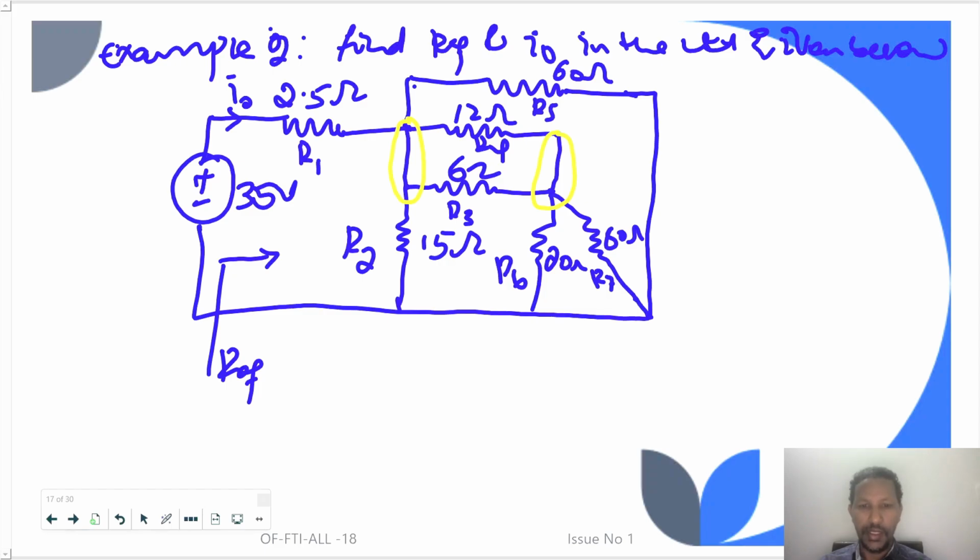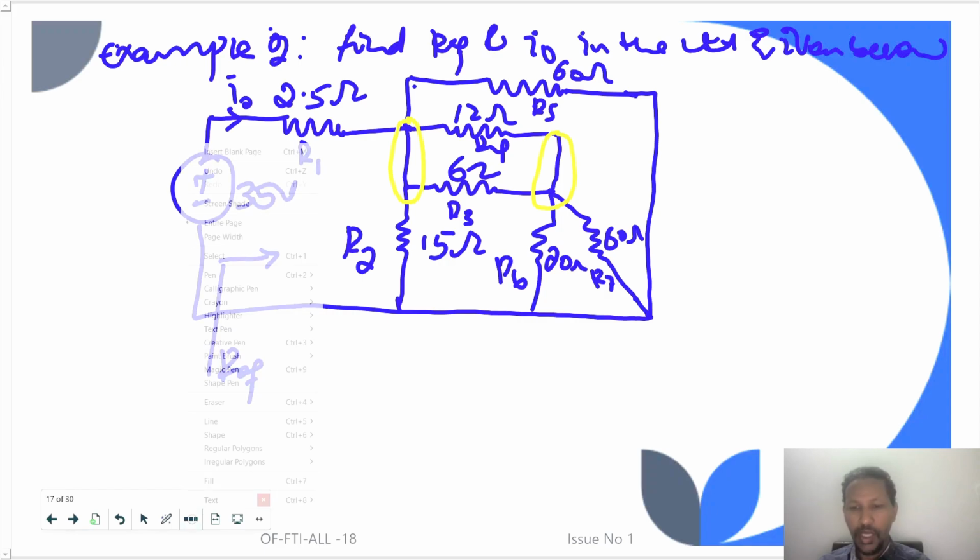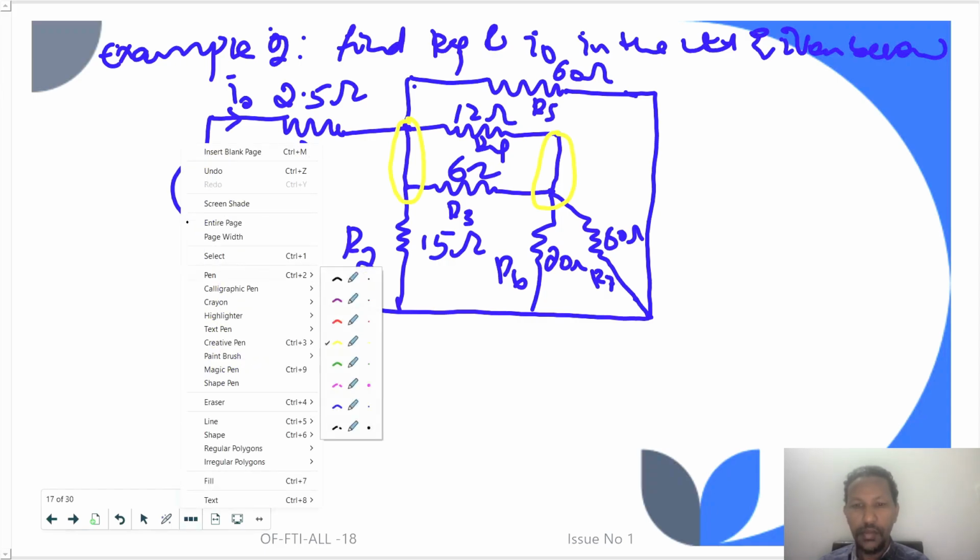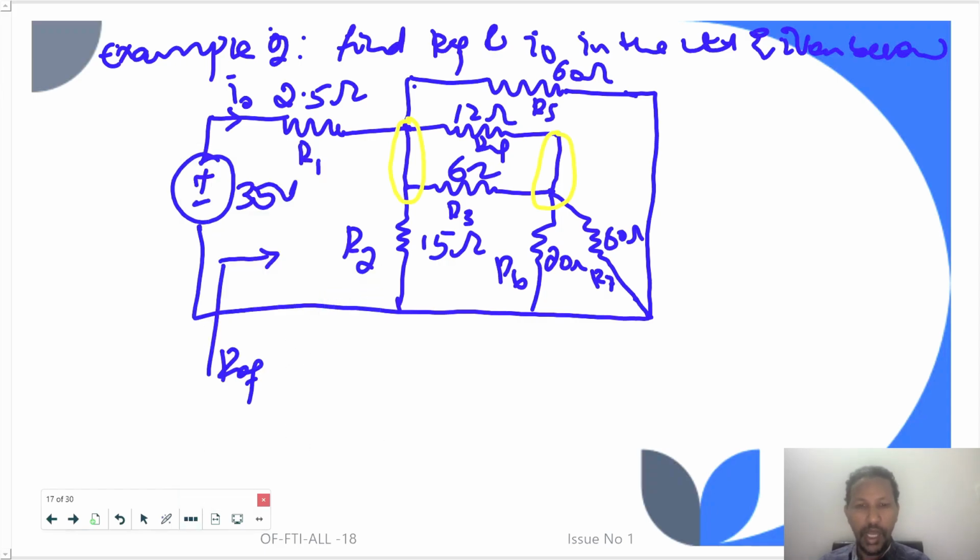At the same time, R6 and R7 are connected at this point, at the same potential, and the other terminals of R6 and R7 are connected at this point. So they are connected in parallel.